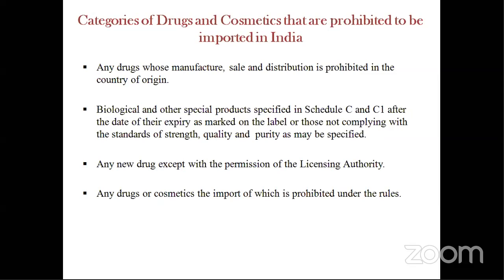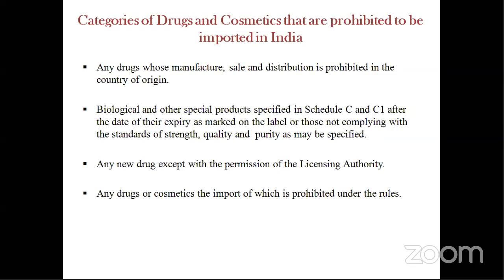If you import any biological or other special product, biological meaning blood products, vaccines, hormones, steroidal products, these types of biological and surgical products, which come under Schedule C and C1, when you import these products you first confirm the date of expiry, because some countries send old or damaged products as imported goods.